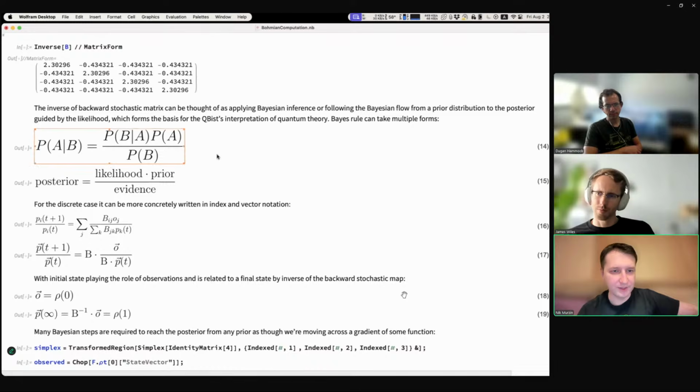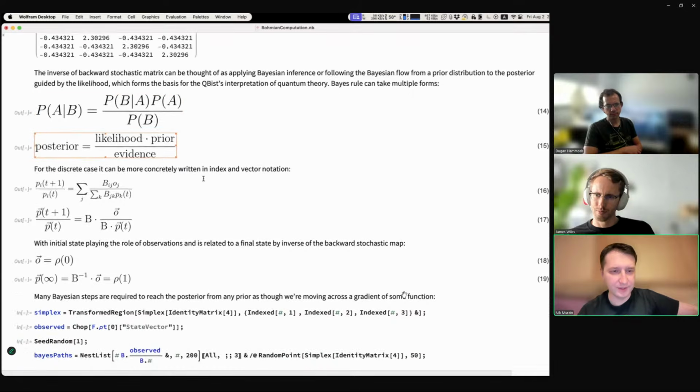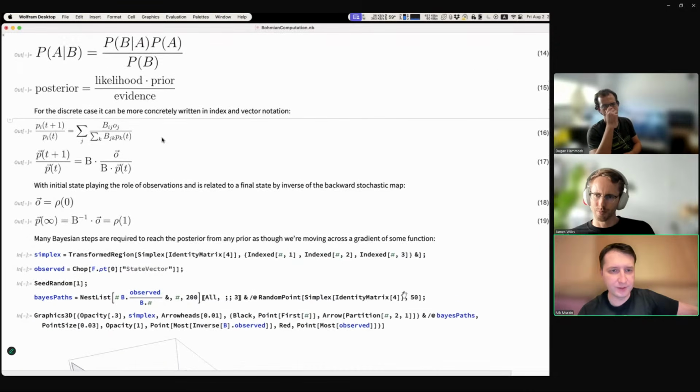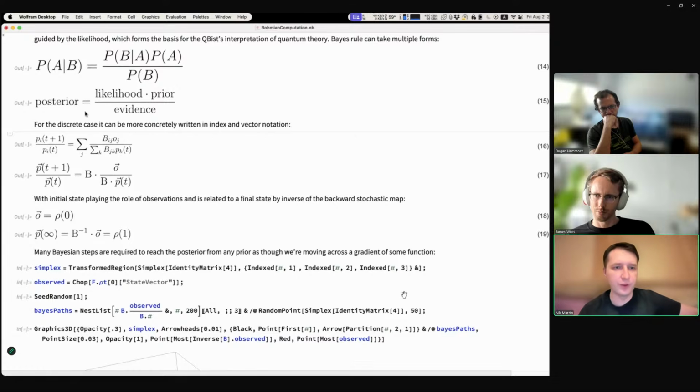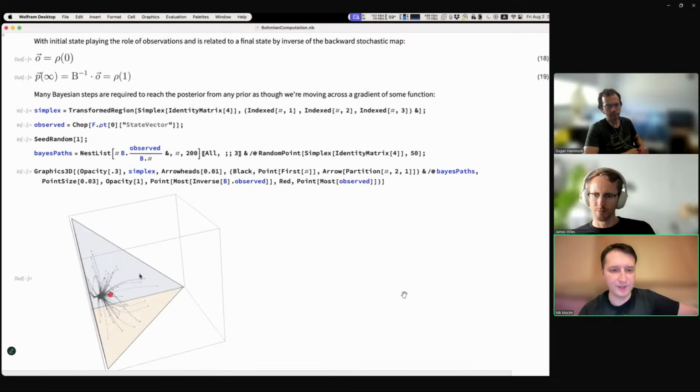This is the Bayesian rule. This is the likelihood; the prior can be different, right? You can start from different priors, and the point is that the actual probability vector that you get after applying the gate is the posterior, and in order to estimate it, you have to apply the Bayesian rule multiple times, iterate it over, and that's what this picture shows you.